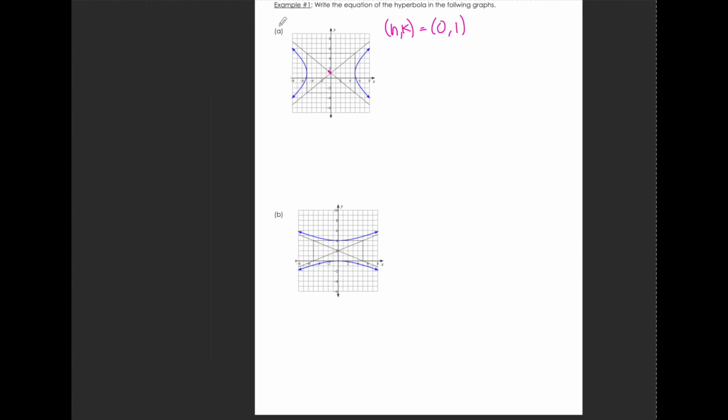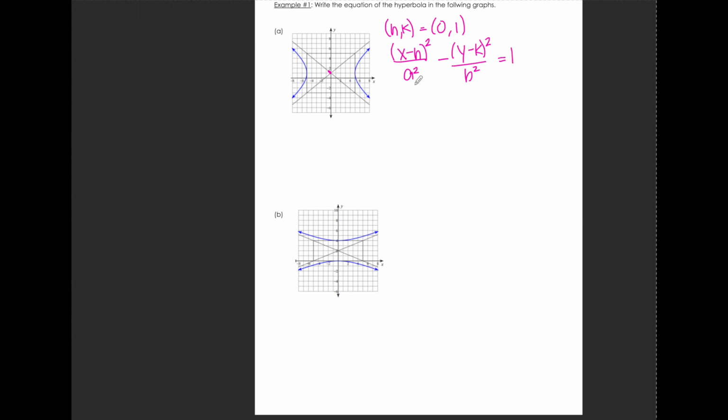Since this hyperbola is opening up to the left and to the right, I know that this is going to have the form x minus h squared over a squared minus y minus k squared over b squared.